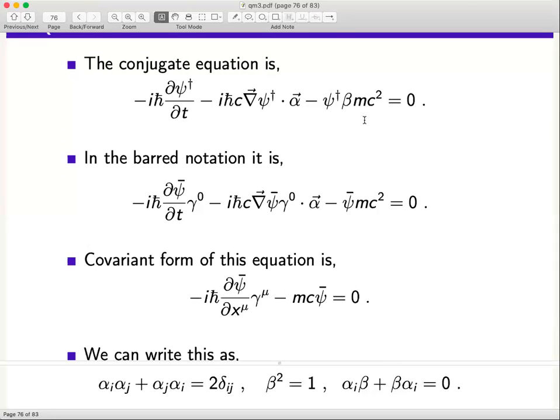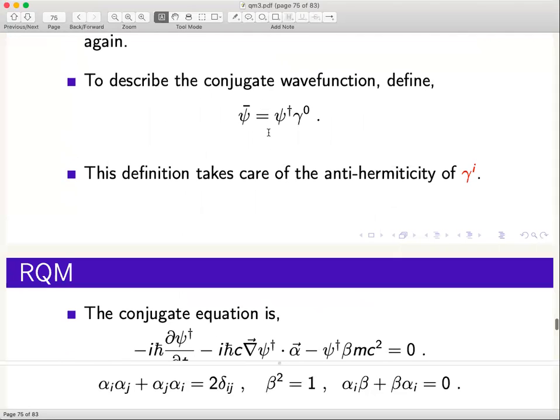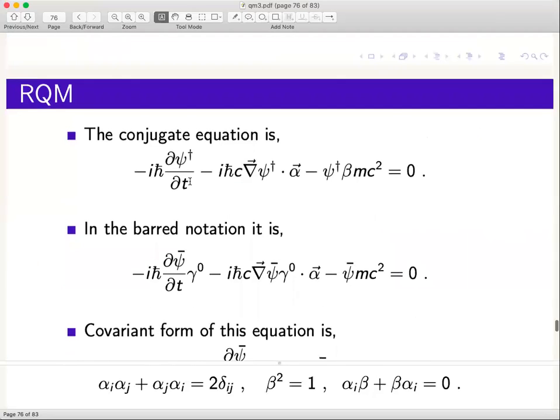But if you do that, then you can soak up one beta in the definition of psi bar. So psi bar is defined this way: soak up one beta inside the psi dagger to write down psi bar, and the second beta factor is the one that you keep. For example, the second beta factor in front of the time derivative of psi dagger will give you gamma 0.